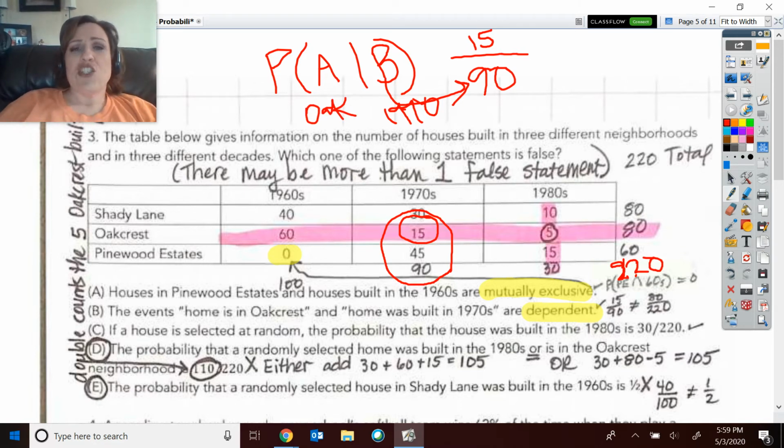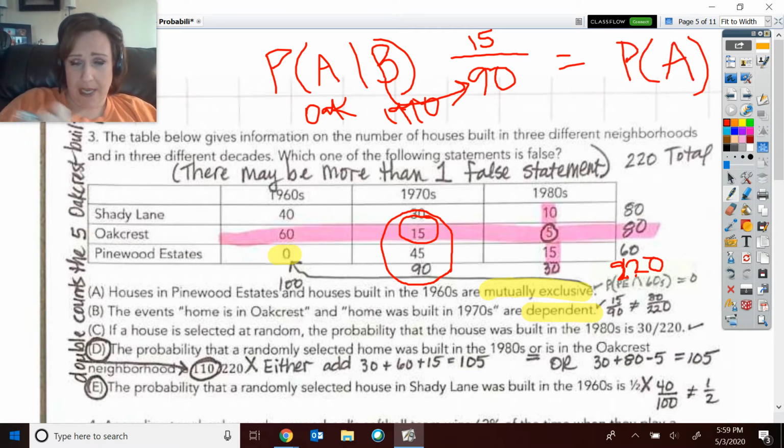What I need to do is check the probability of A overall. Well, A overall is Oakcrest overall, so that's 80 over 220.